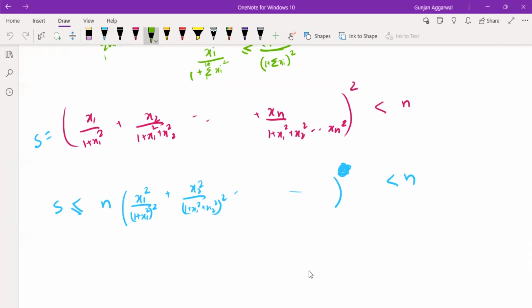If I decrease the denominators here, then my left-hand side just increases and we need to match it.